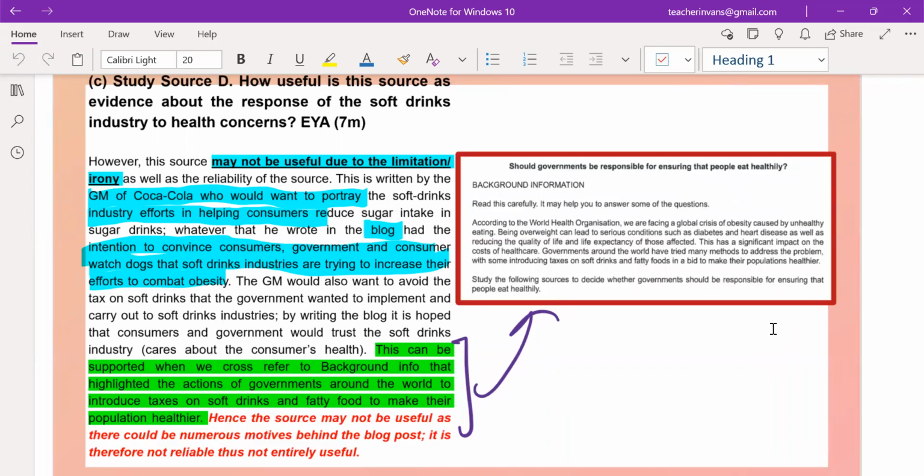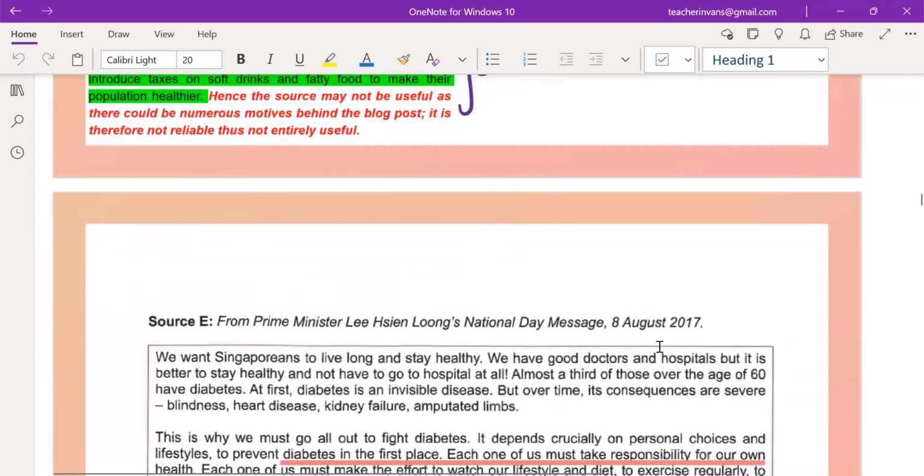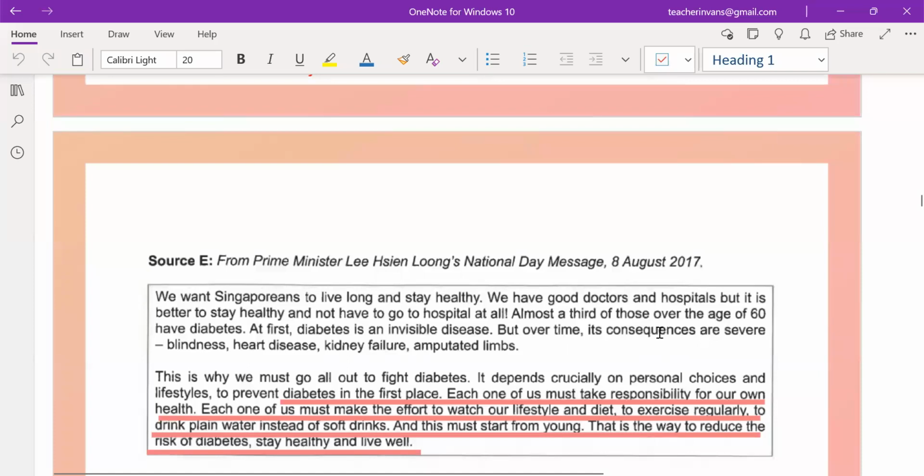Instead, let them change the diet, change the mindset, change the way soft drinks are packaged, as well as consumed. Okay, so quite interesting, this particular source. Not so difficult, I would say, but it is about picking up the in-betweens, the nuances, the ironies, the limitations of the source.